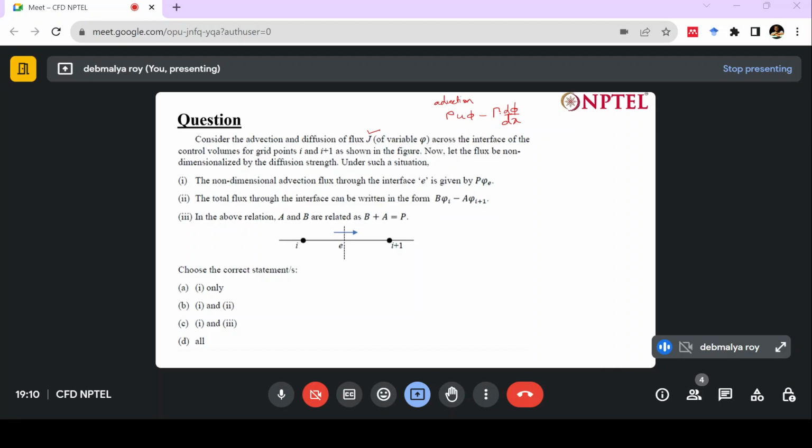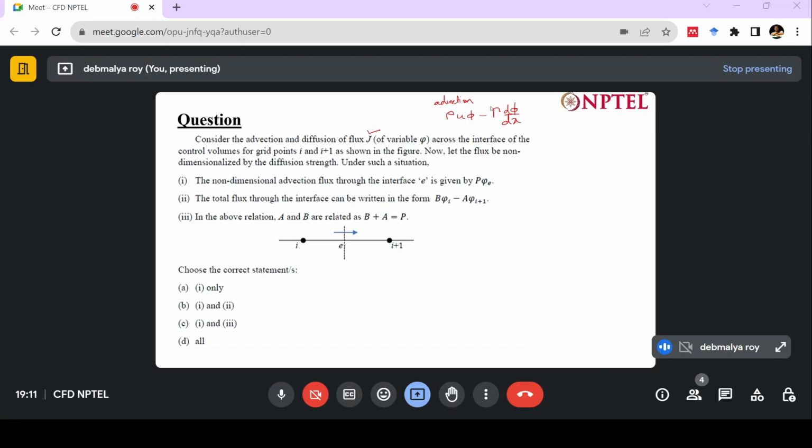And the other one is a diffusive term. This is dependent on a gradient of phi, and there is a minus sign. So this is trying to reduce any gradient that is there. Diffusion can occur both ways.